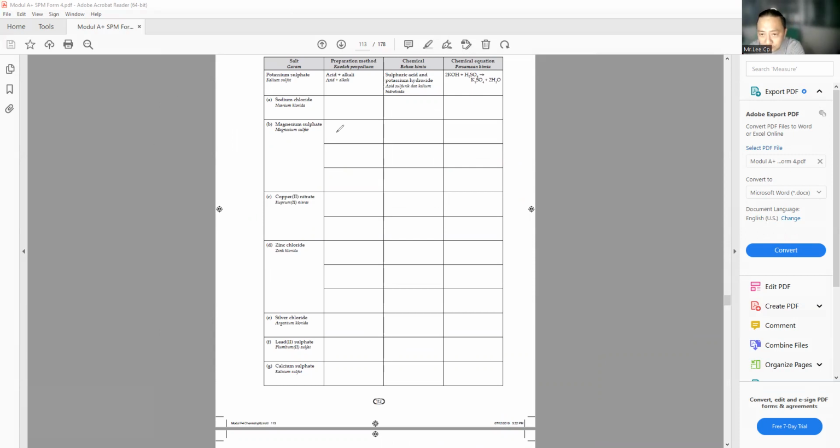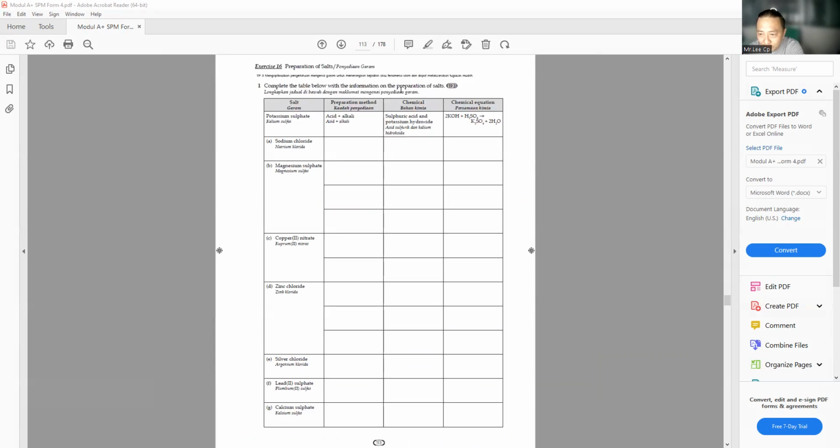So now, what we want is, we understand this one first, right? Now, what should you do? 我看一下问题哈。Complete the table below with the information of preparation of salt.